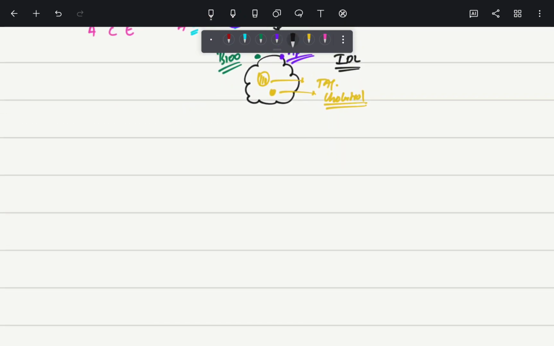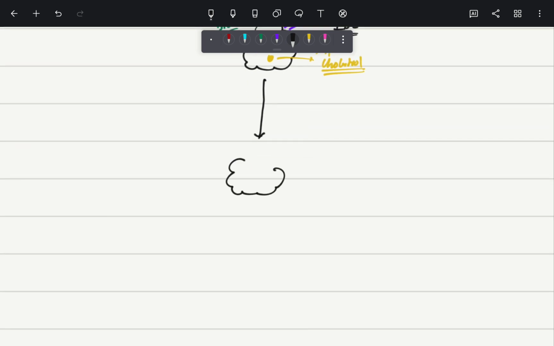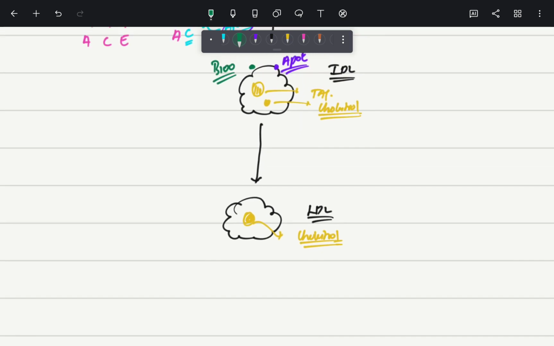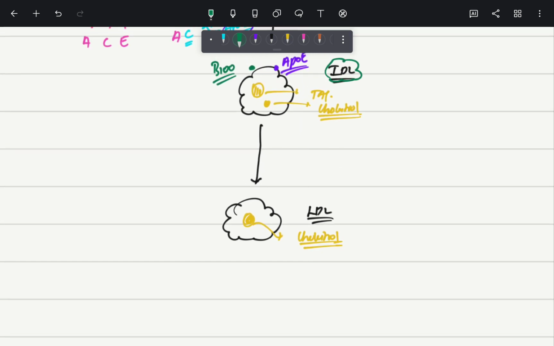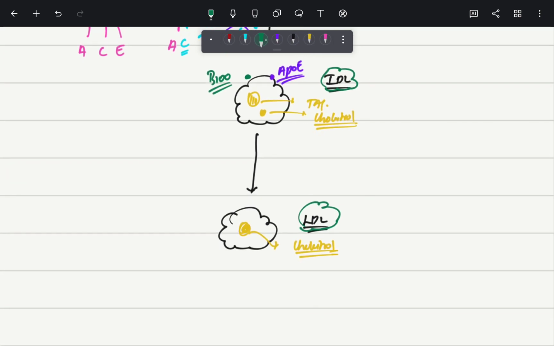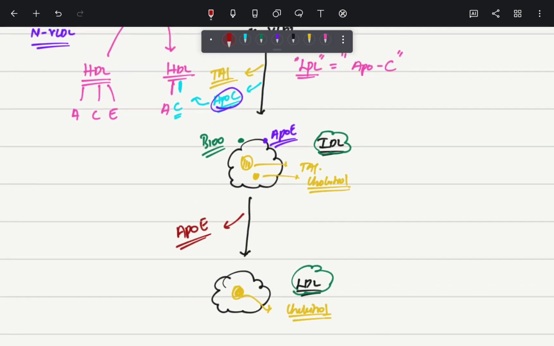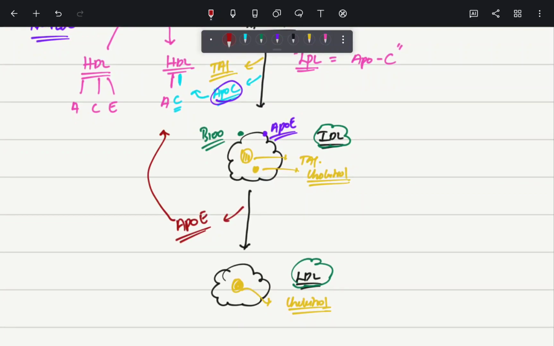Finally, intermediate density lipoprotein will get converted into low density lipoprotein, which has only cholesterol as its lipid component. Whenever IDL is converted into LDL, during this step, apoprotein E is also extracted, and this apoprotein E will go and get deposited on the HDL.